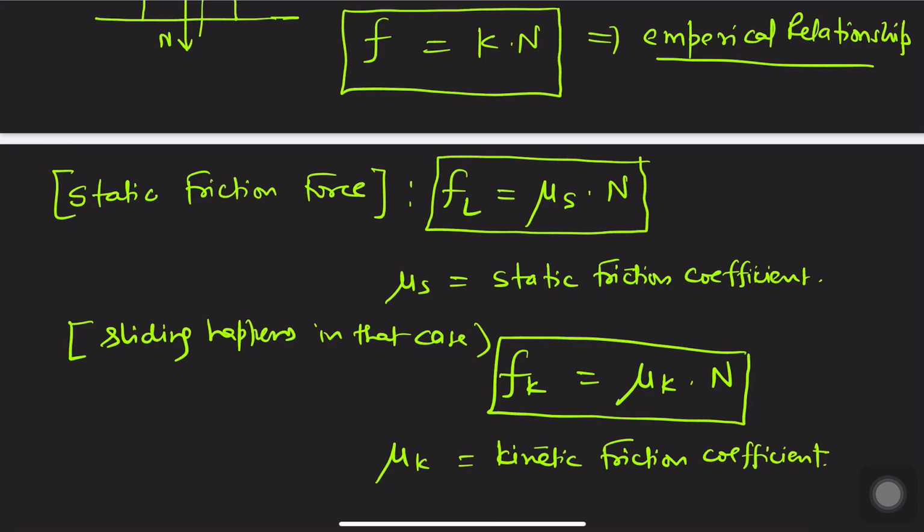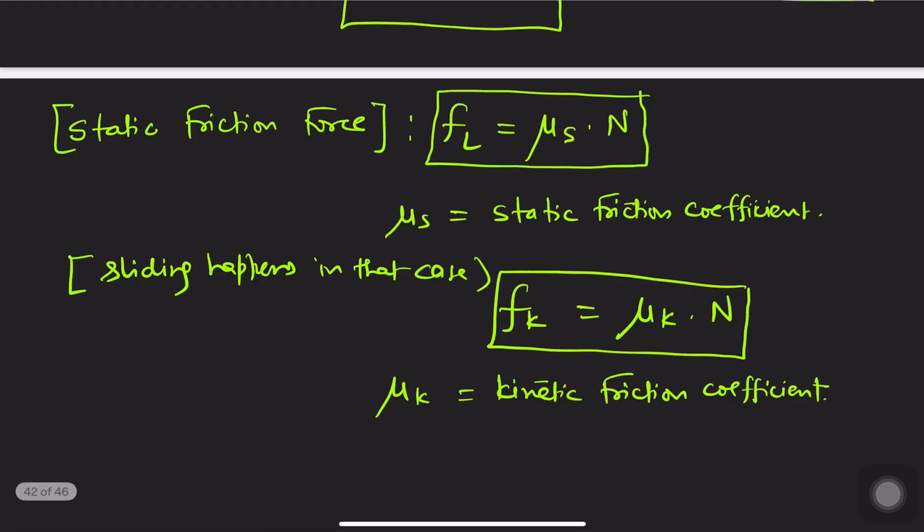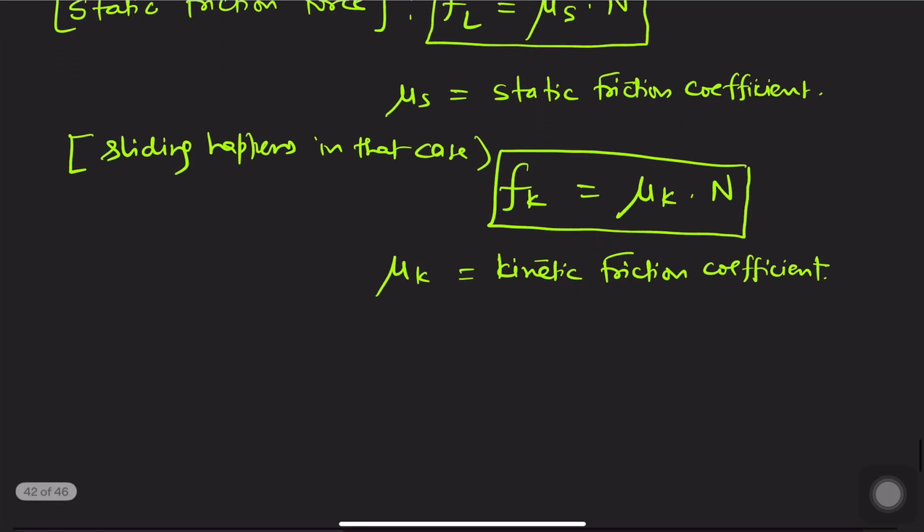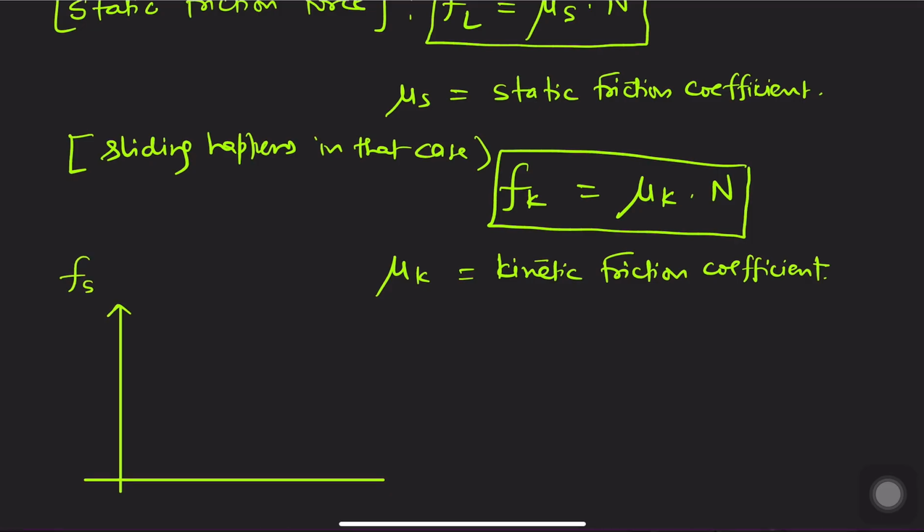Okay, so guys, here if you see, mu s and mu k are these two friction coefficients. So if I make the graph of friction versus the applied force. Okay, let's say this is your friction, which is F static or F kinetic, and this is F applied.